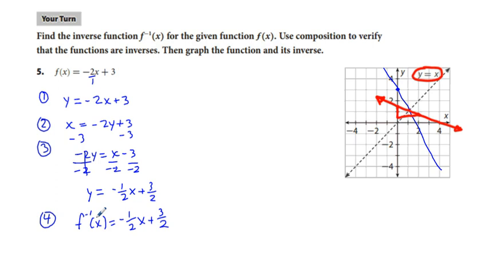And when we are more comfortable with compositions of functions, we can go back and do a composition of these two functions and see if we end up with x. And if the composition of these two functions ends up as x, that's another indicator.